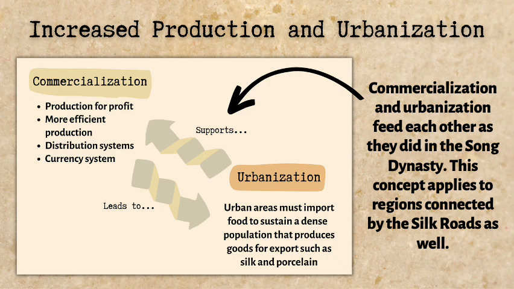New urban areas developed elsewhere, such as Samarkand and Kashgar, as a result of the Silk Roads. The demand for goods that were traded along the Silk Roads caused an overall increase of goods production and urbanization. In addition to the production of luxury goods, the manufacturing of iron and steel in China increased as well.